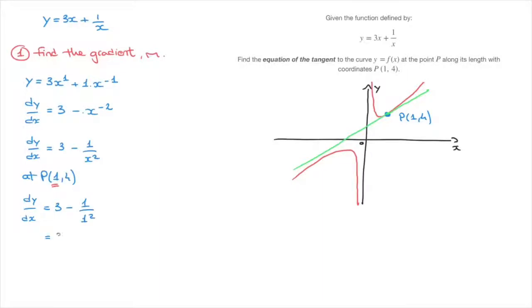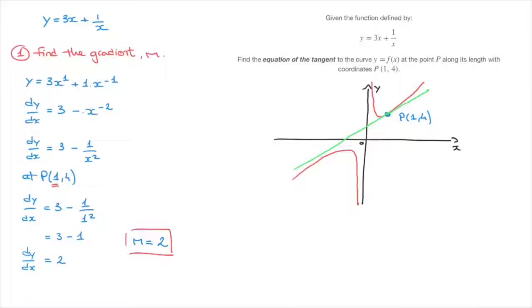That's equal to 3 minus 1. Finally, dy/dx is equal to 2. And since the tangent has the same gradient as the curve at this point P, we can state that the gradient of the tangent is m equals 2. And that's our first step done. We now have the gradient of the tangent.